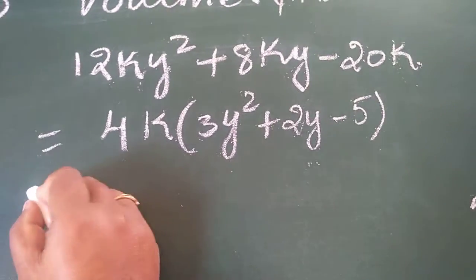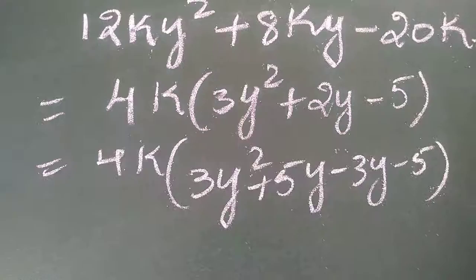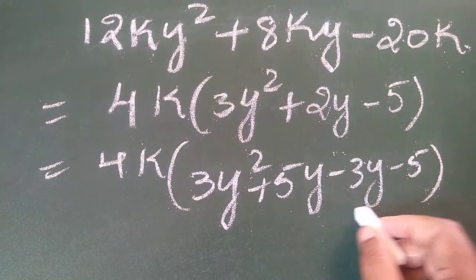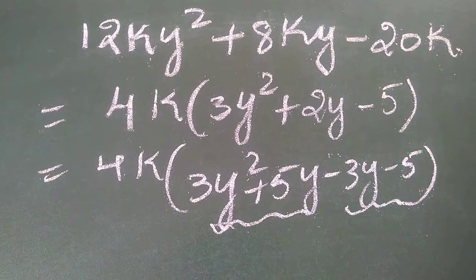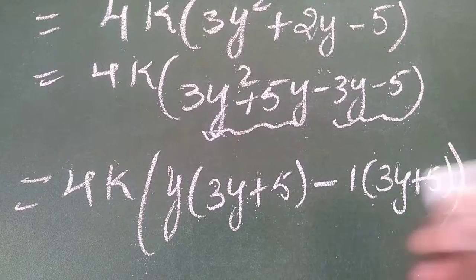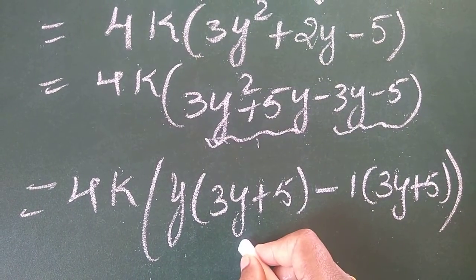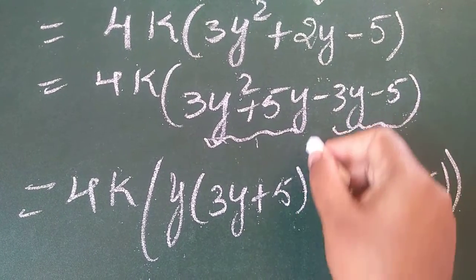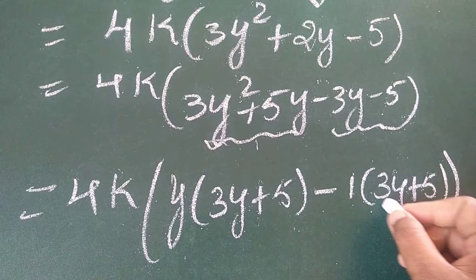Now I will substitute here 4k into, okay, now from this 2 what is common we have to take out. From this 2 what is common we have to take out. So here y is common, I have taken out y. Remaining is 3y and 1y plus 5 because 1y went out already. Here minus sign is common, so minus 1 I am going to take out.